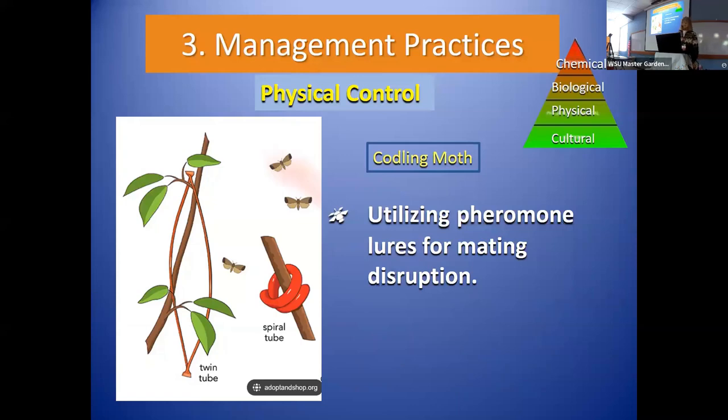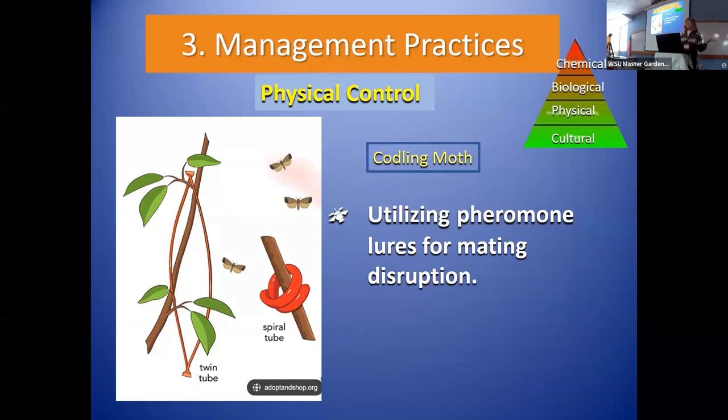One other thing in terms of codling moth is you can use pheromone lures for mating disruption. Now that sounds interesting. What these lures will do is emit a chemical attractant that mimics the female hormone. And it's in the air, and it confuses the males.